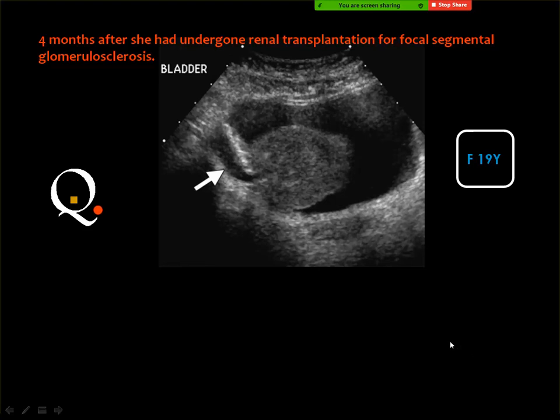There is a mass in the urinary bladder. I think transitional cell carcinoma, involving the distal part of the ureter with dilatation of the ureter. Okay, the patient's age is 19 years old. No problem, of course, according to this age.